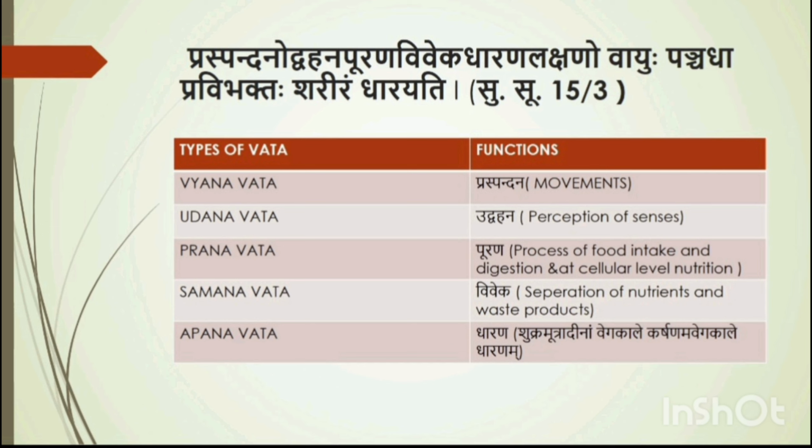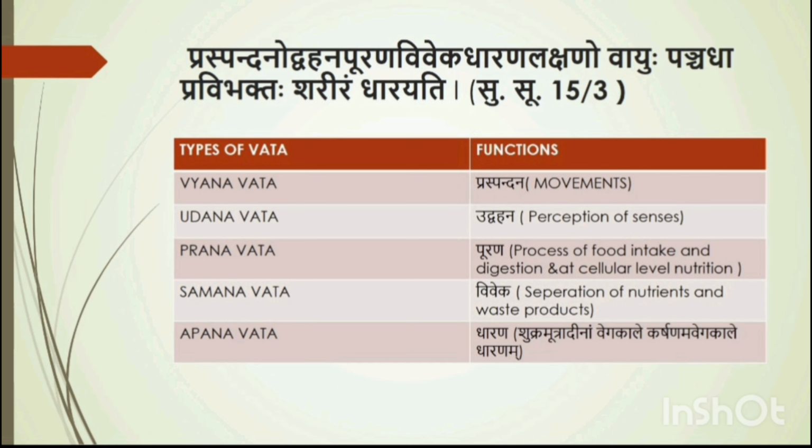Here, Dharana means Shukra Mutradhinam Vega Kale Karshanam Avega Kale Dharanam. So it helps in Dharana of the Vegas when it is in Avega Kala. It means when we don't feel the urge to pass the Vegas, it helps in holding it.